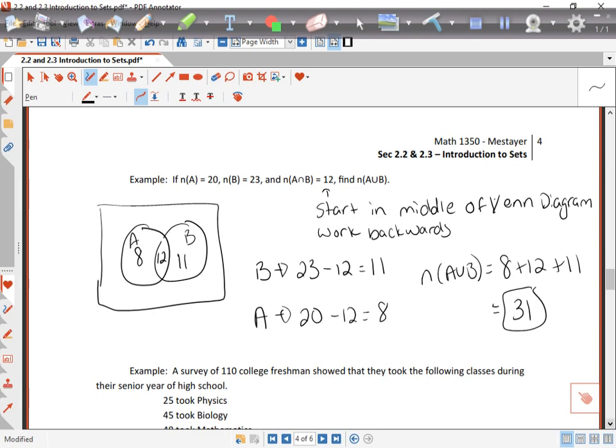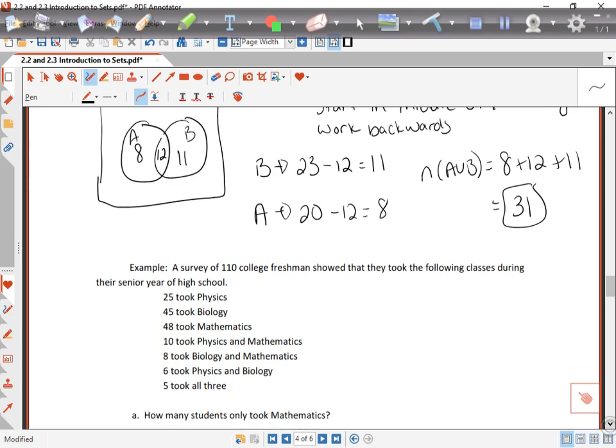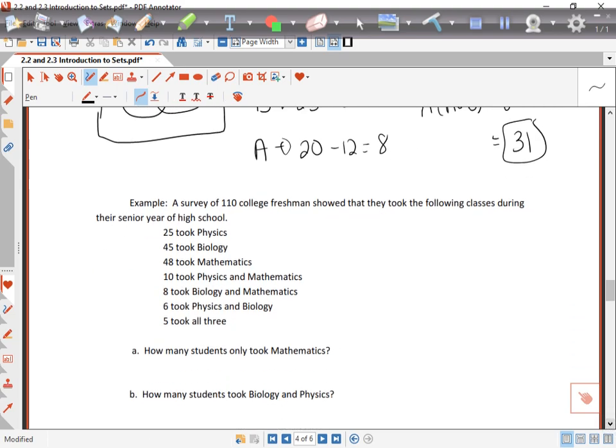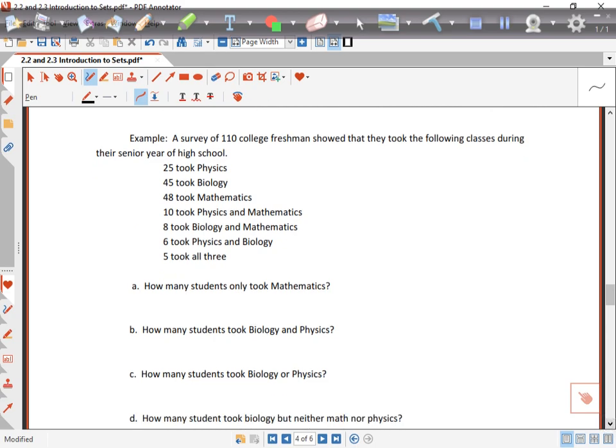The next example uses 3 circles in our Venn diagram because we have 3 different things we're talking about. You're going to end up having a project that looks very similar to this later on. First we're going to draw our Venn diagram.